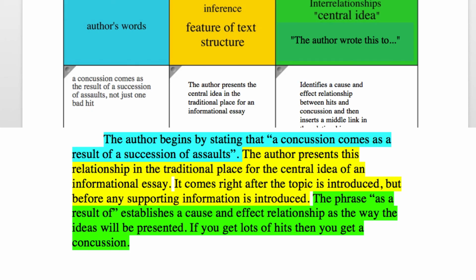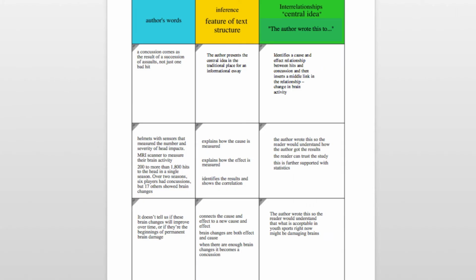The writer organizes the big idea paragraph beginning with the quotation or paraphrase, developing with the text structure inference, and then explaining how this text serves the author's purpose. Use the information from your graphic organizer to write your 3 big idea paragraphs.